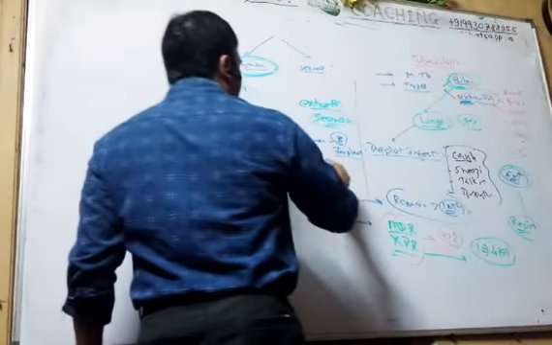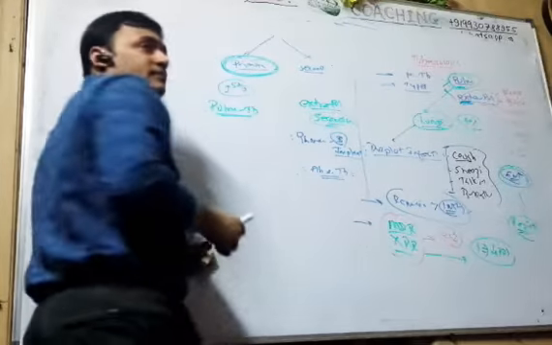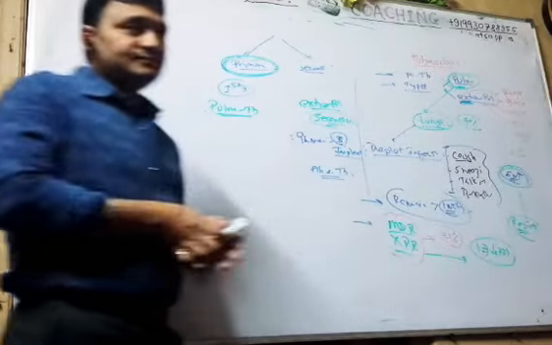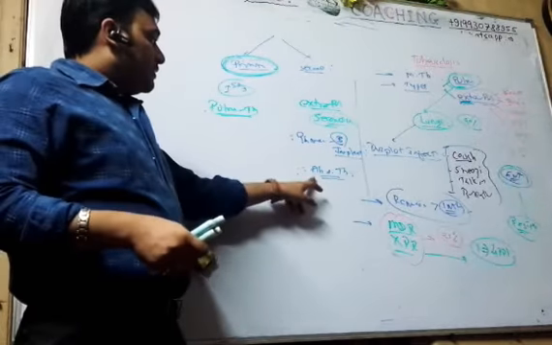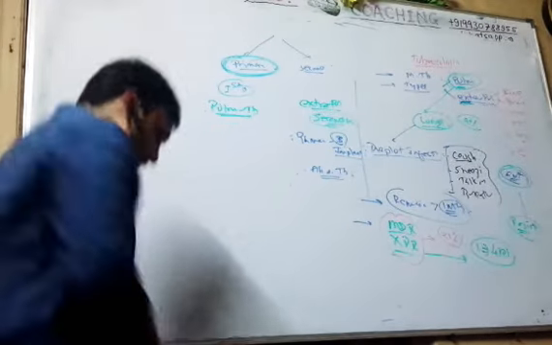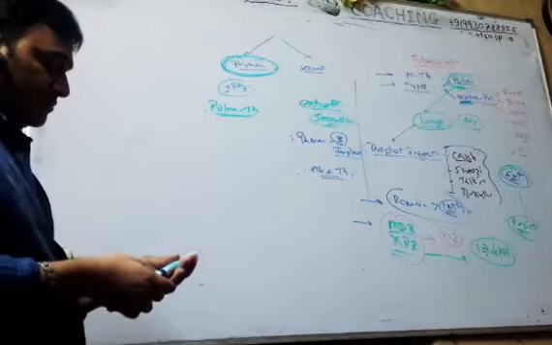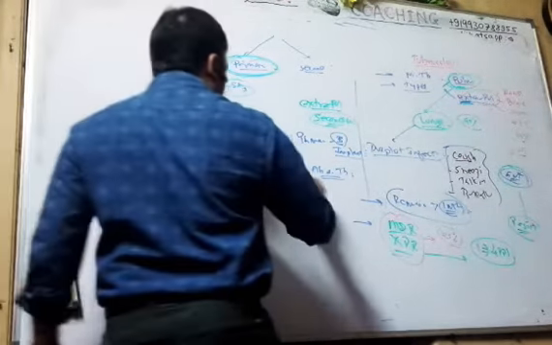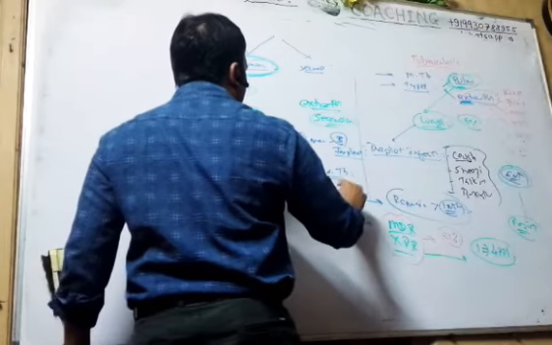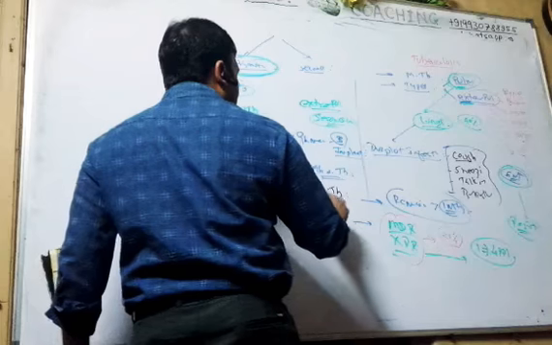Can abdominal tuberculosis be primary? Abdominal means bowels, organs. But this may not be inhaled, this must be ingested. Have you heard about bovine tuberculosis? Bovine TB is through milk.